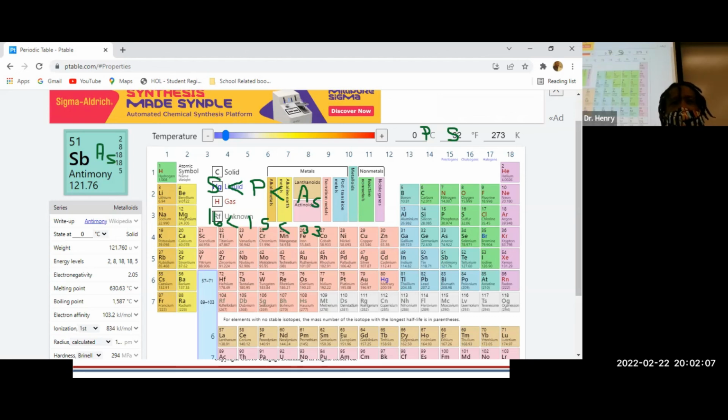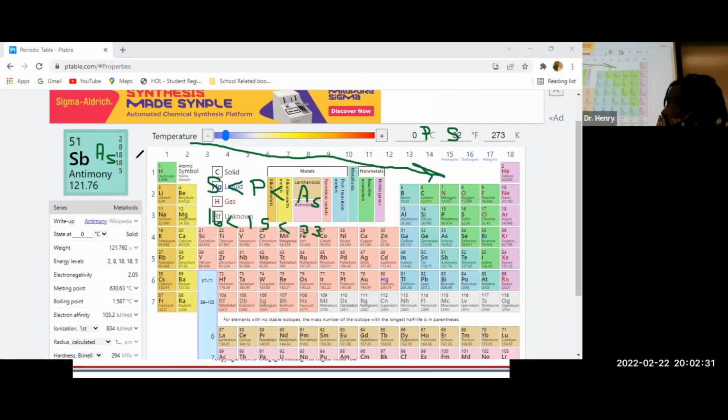So the higher the energy, the harder it is to pull that electron away. The lower the ionization energy, the easier it is to pull that electron away. So these guys are going to have low ionization energy. These guys are going to have high ionization energy. So it's going to increase from left to right.